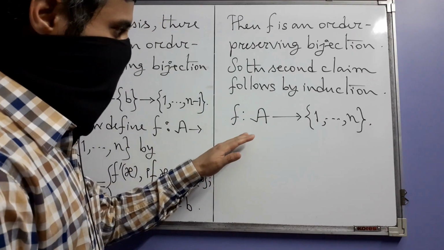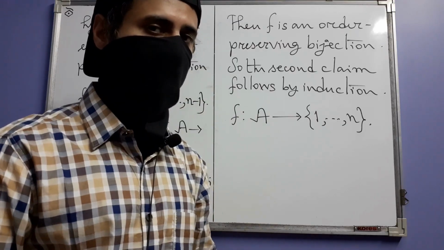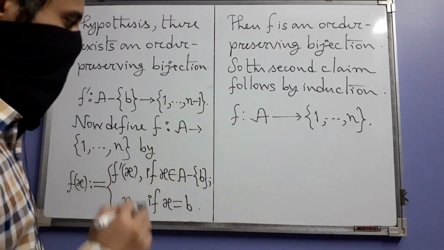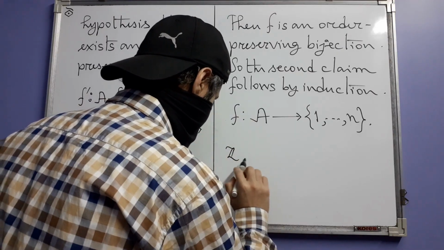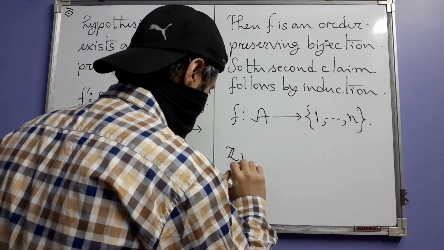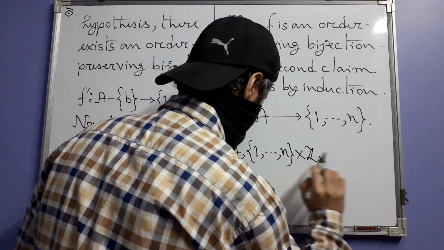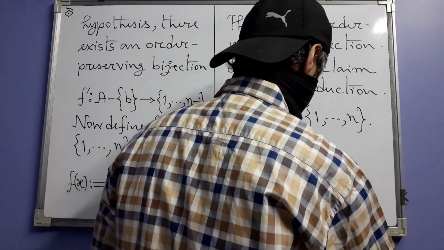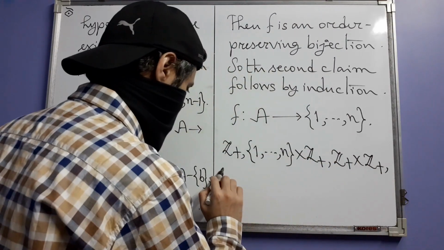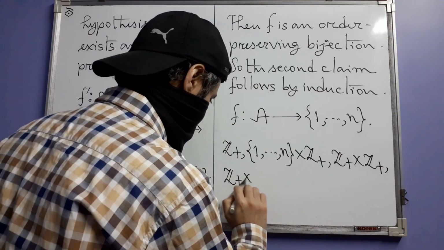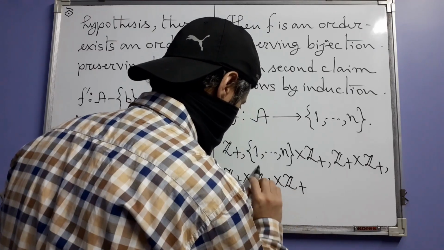However, this situation changes drastically when we go from finite to infinite sets. Let's take these examples. You consider these sets: Z plus, Z plus times Z plus, and this.